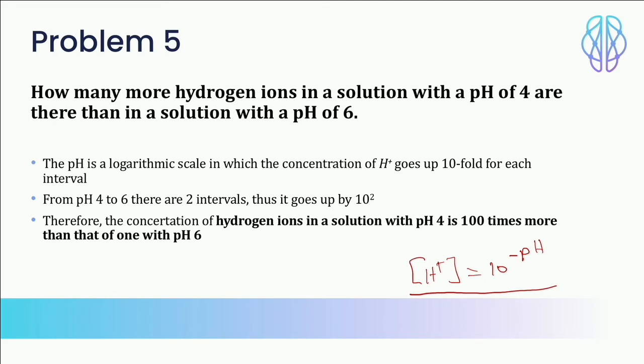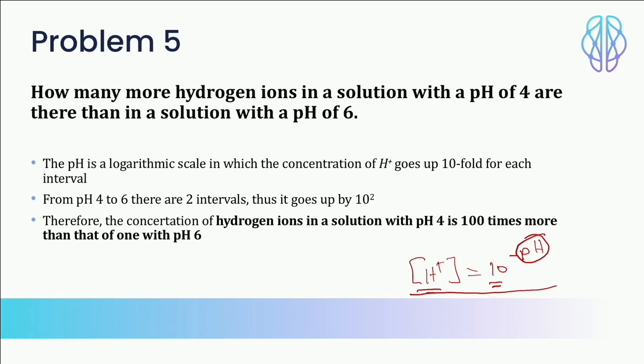We extrapolated this relationship in a previous question. This is incredibly important for you to understand. Thus, going off of this, between pH intervals, there is a tenfold difference in the concentration of H+.